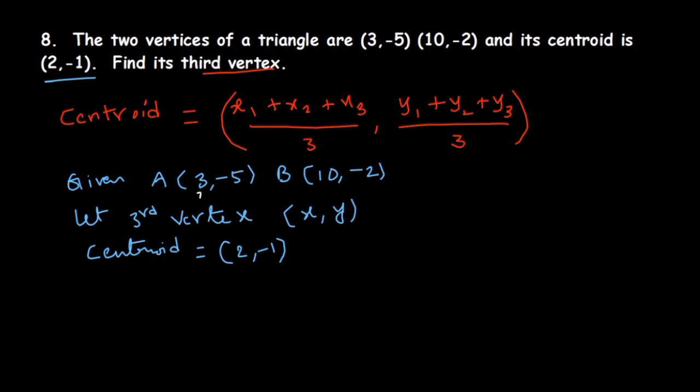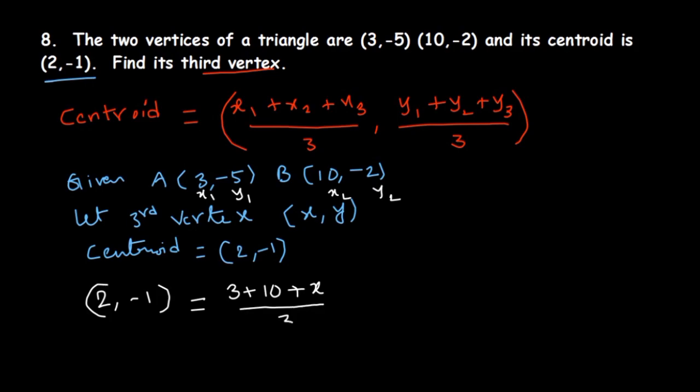Okay, now we are going to replace all these here. That means this is x1, y1 and this one is x2, y2, and here the centroid is (2, -1). So (2, -1) equals x1 plus x2 plus x3 by 3, that is 3 plus 10 plus x, where x3 is x, by 3.